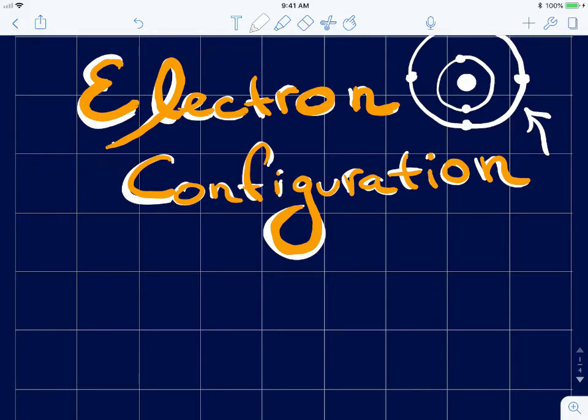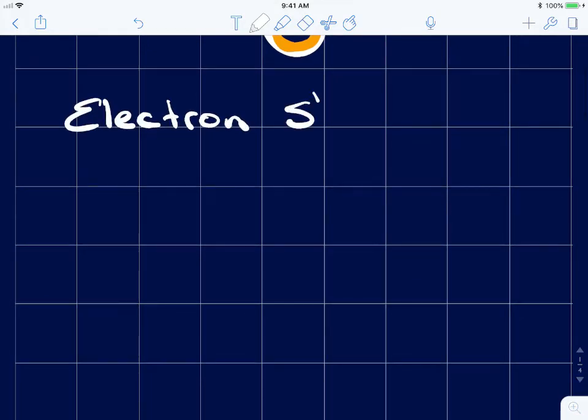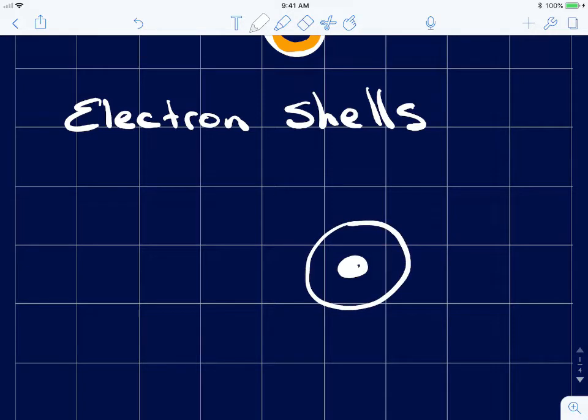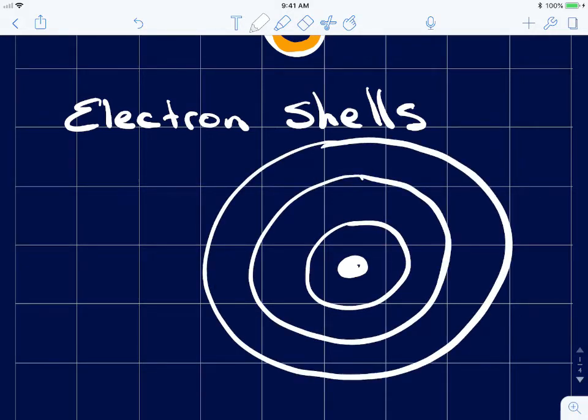Planets orbiting a sun. The most apparent thing about this model is that electrons exist in what are called electron shells. And that just means that you have your nucleus here, and then around the nucleus you have these shells in which electrons exist.